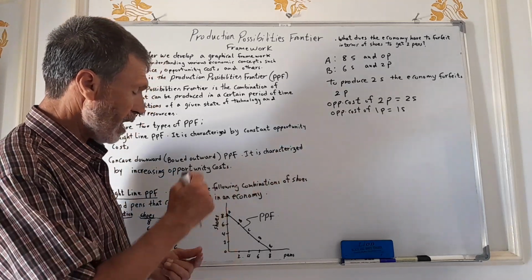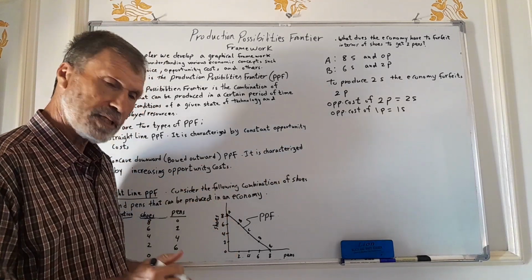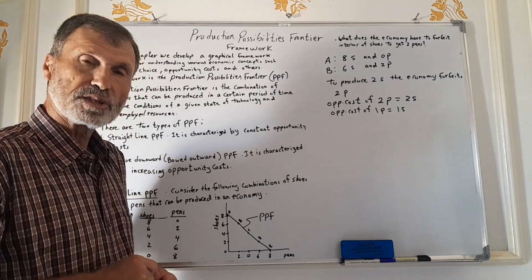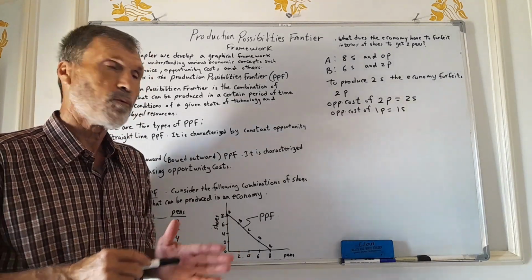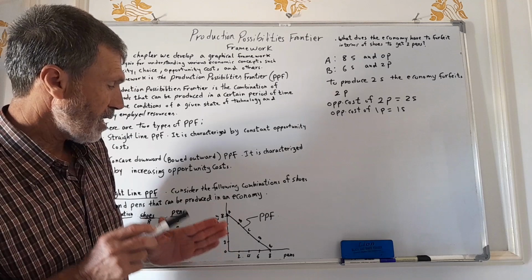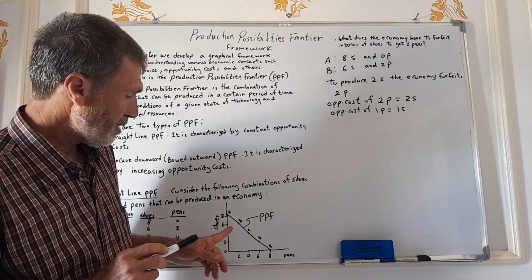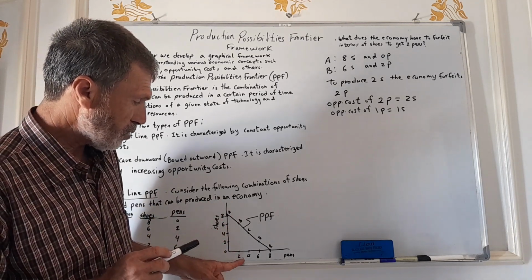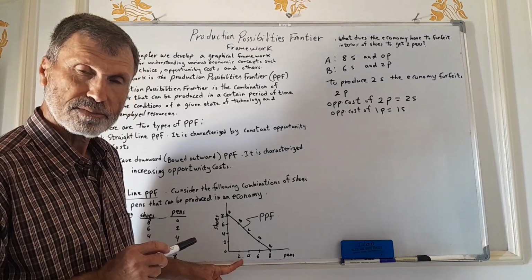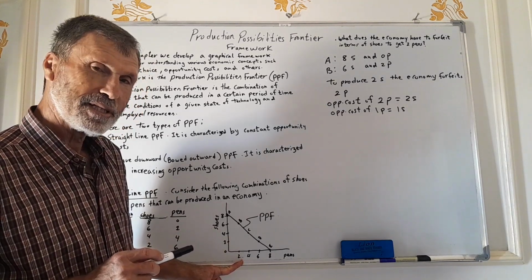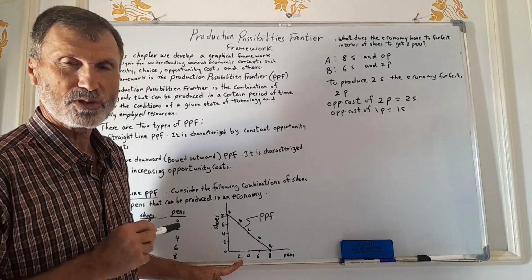What about if the economy were to move from B to C? If the economy were to move from B to C, what does the economy have to forfeit in terms of shoes to get 2 additional pens? Of course, it has to forfeit 2 shoes.